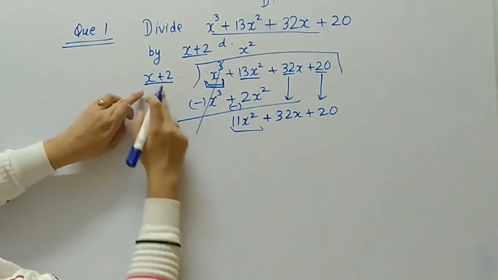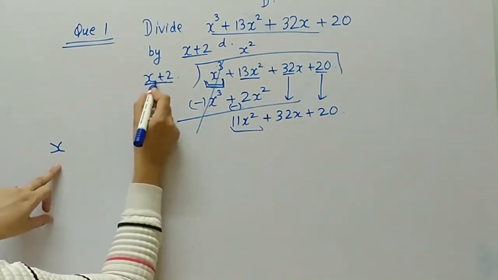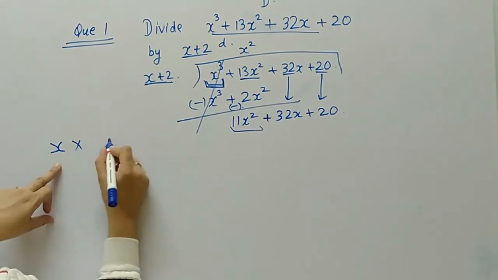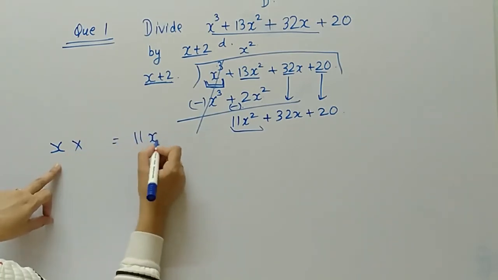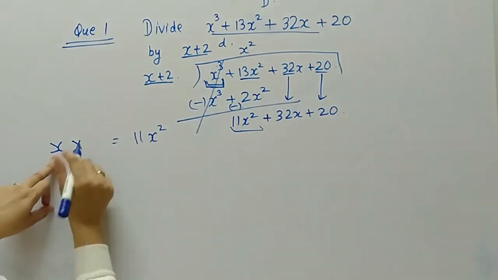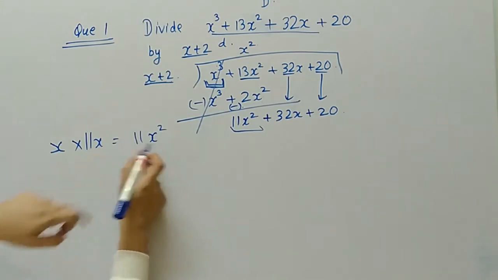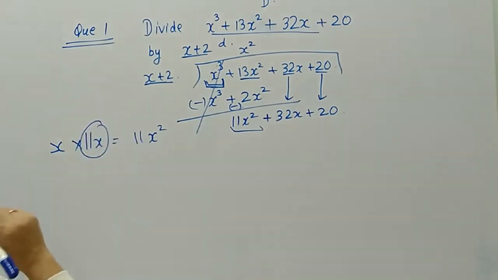Now again we have to think of a number which when multiplied by x will give 11x square. So x multiplied by 11x is equal to 11x square.